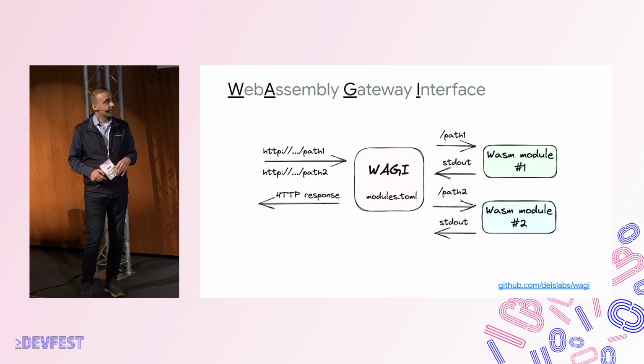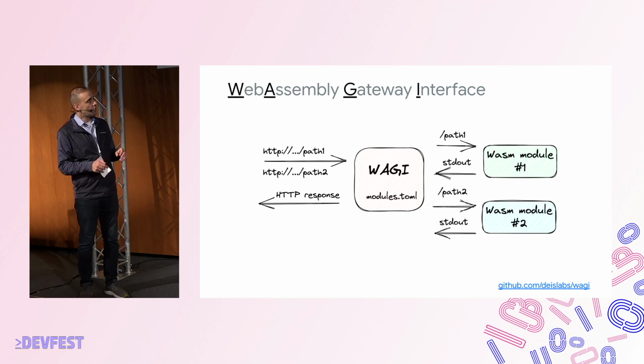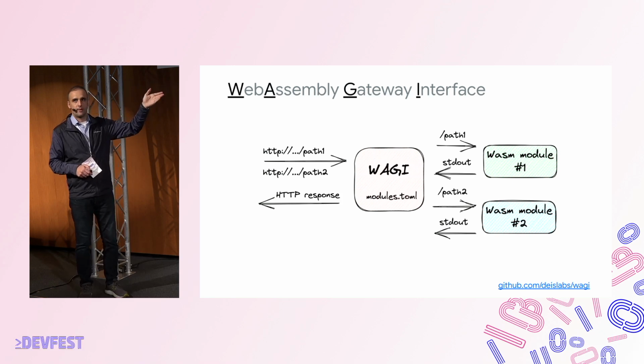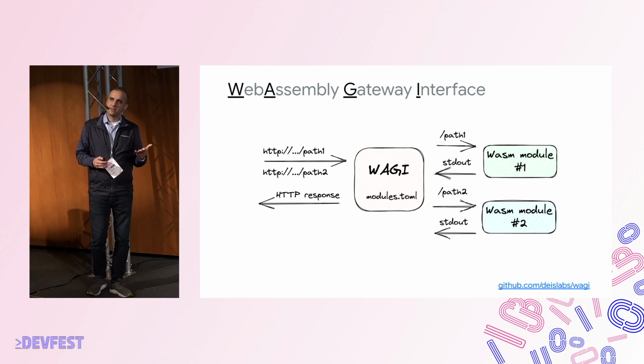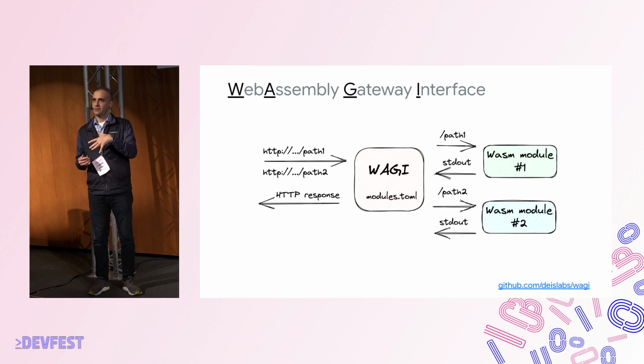The idea here is that your modules don't understand HTTP, but Wagi sits in the middle. There's a modules.toml file that maps the paths to your modules. When an HTTP request comes in, it figures out which module should get that, and the module receives that as standard input, OK?